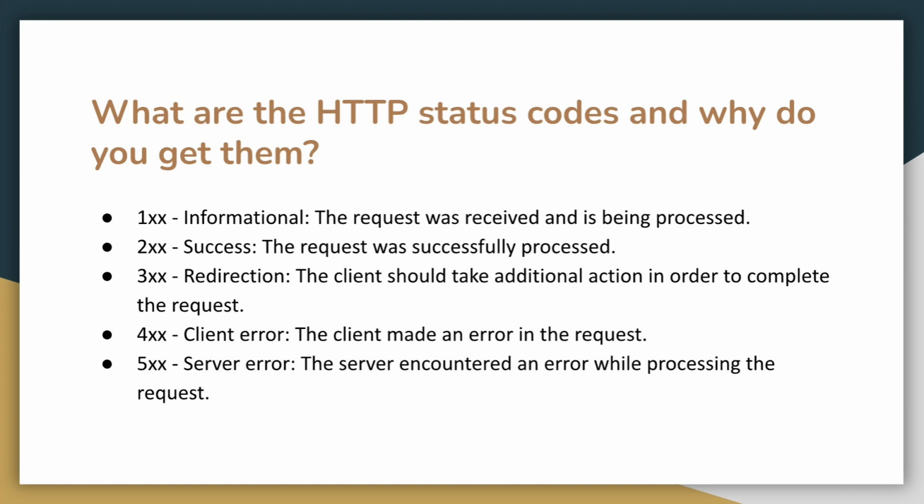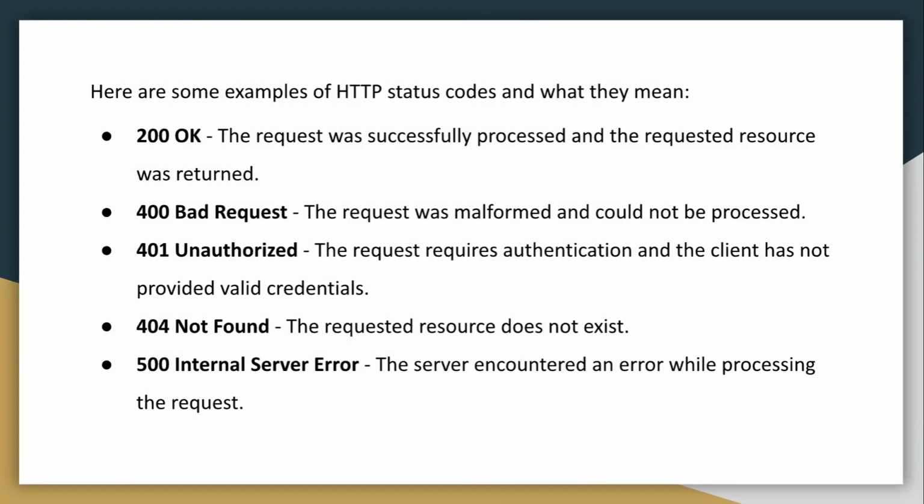Now here are some examples which you can see to understand what different status codes mean. So here we are having the 2xx series, 200, which represents OK, means your request is successfully performed and you get some output. Similarly, we are having 400, which represents bad request, means your request is not fulfilled because of some reasons.